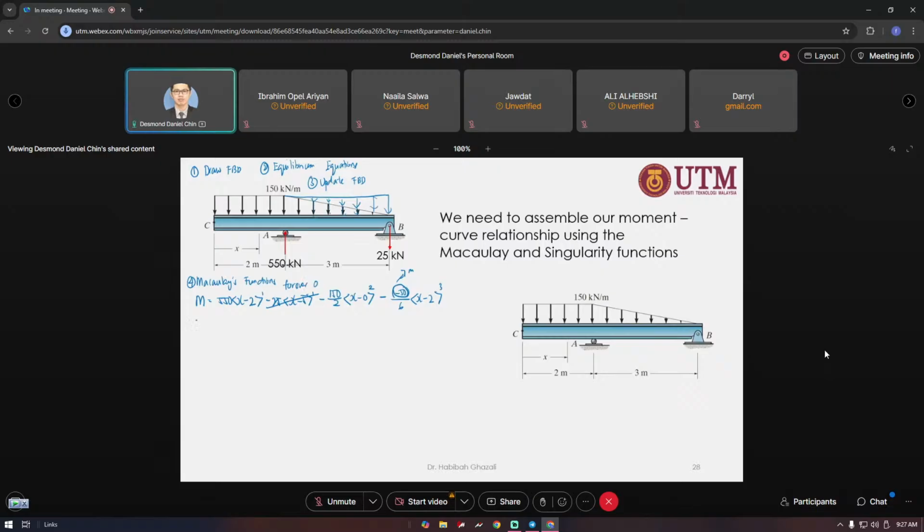So my equation will only leave a very short one: 550 (x minus 2) to the power 1, minus 150 divided by 2 (x minus 0) squared, and minus minus, you will get plus 50 divided by 6 (x minus 2) cubed.